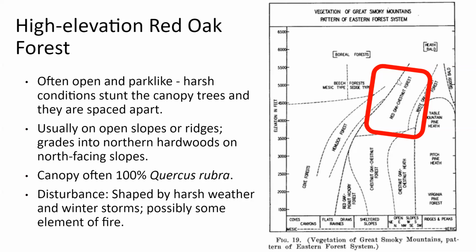So as far as disturbance goes, these are forests that are shaped by harsh weather. They're definitely more exposed to winter storms. And we also think there's some element of fire that helps knock back the competition. That seems to be a general theme for oaks in general, because they're not as competitive. And so having some regular fire does help with other competing species.